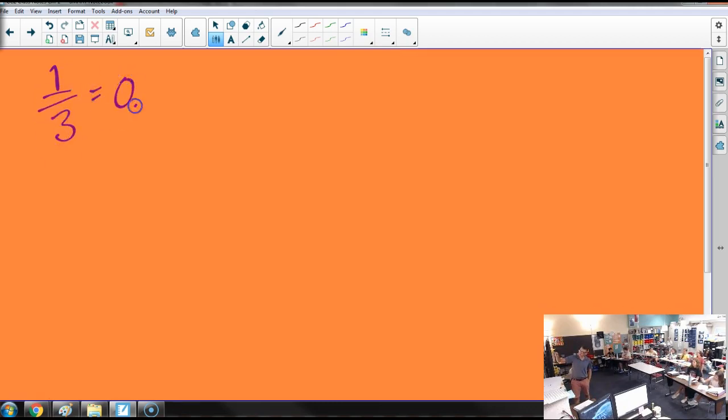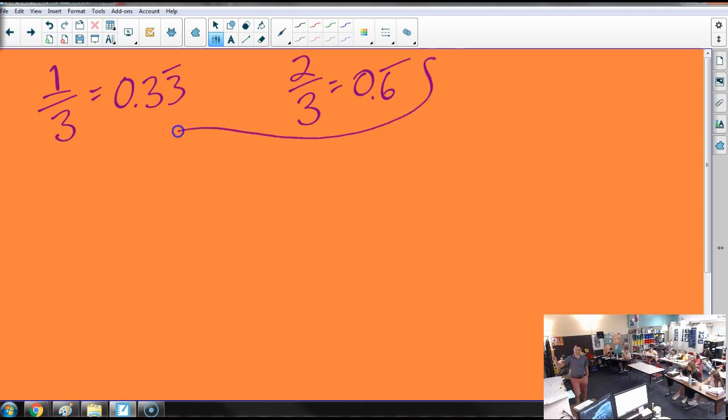So we've investigated 1/3 before. 1/3 is 0.3 repeating. 2/3 is 0.6 repeating. But is there a rule or a trick or something that we could do to figure out why we get these things and how can we remember them?